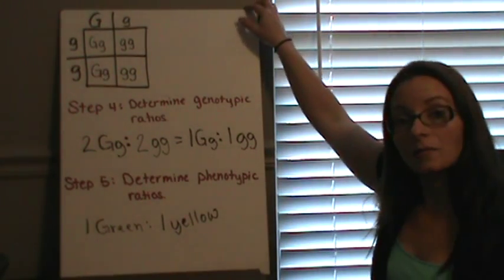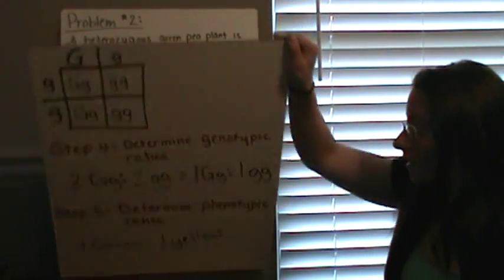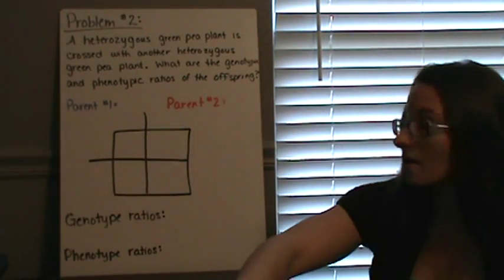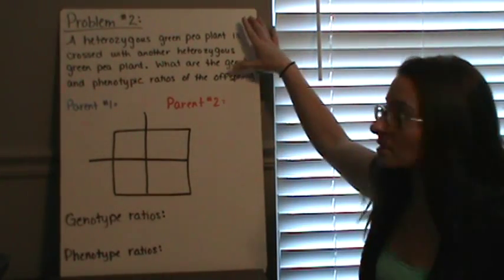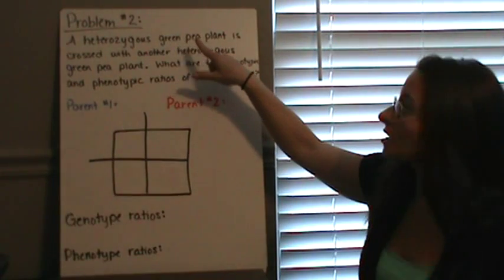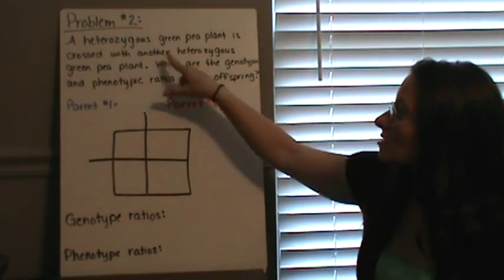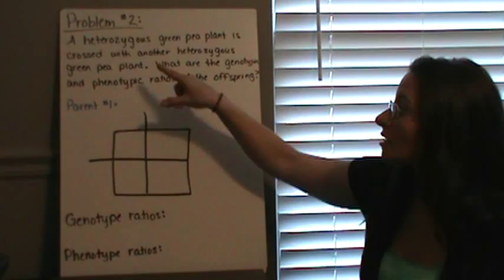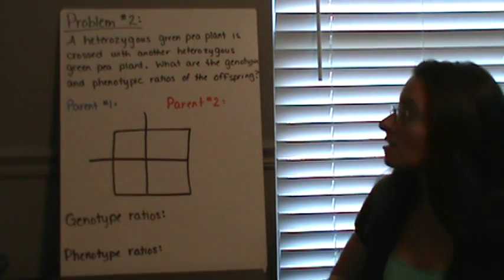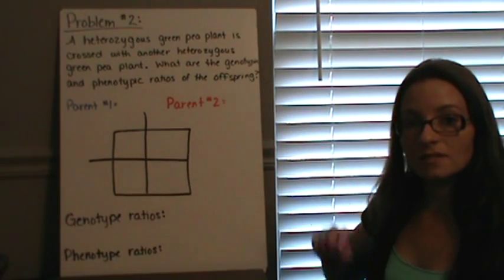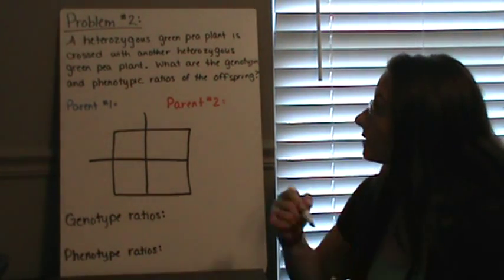Let's take a look at a second problem or workout on this. So our first step again, figure out what the parents are. A heterozygous green pea plant is crossed with another heterozygous green pea plant. What are the genotypic and phenotypic ratios of the offspring? So we're trying to figure out genotypic and phenotypic ratios of the offspring.